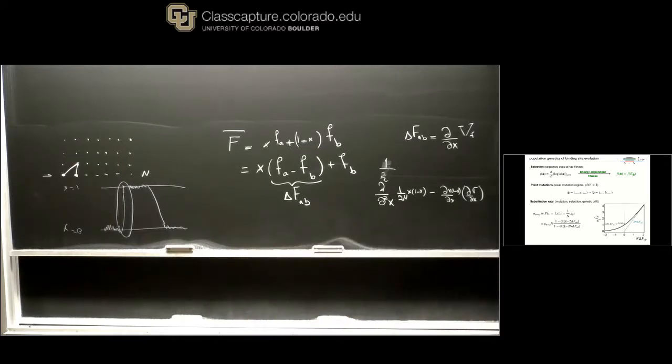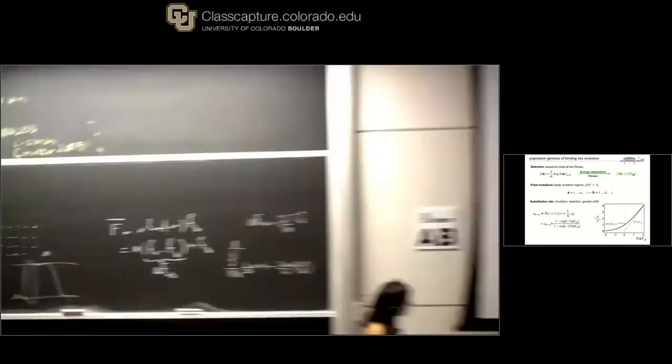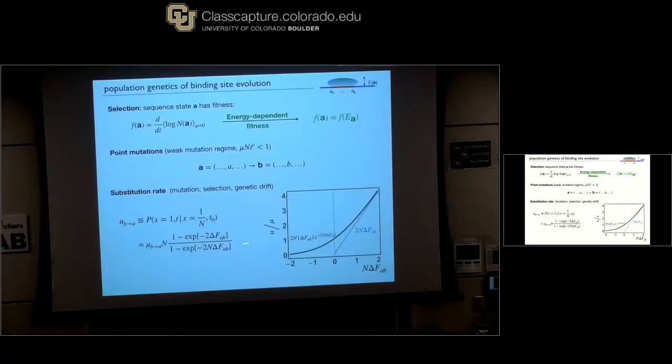But to get an intuition of this, if your fitness is large and positive, you end up basically going a lot from B to A. Yes? For a long time? Yeah. It's a sort of hitting probability, right?